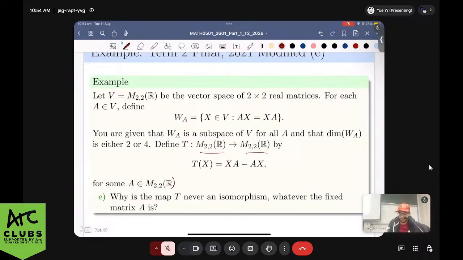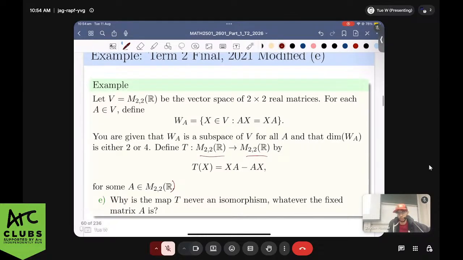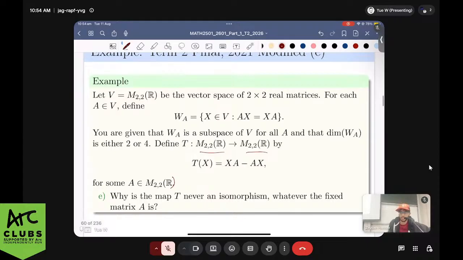So, we could try to show it's not linear, but it might be easier to show it's not invertible. So we could show it's not injective. Invertible means injective and surjective. One way to show it's not injective is to show that the kernel is not trivial. So there's some X such that T of X is the zero matrix, but X is not the zero matrix. That will prove it's not invertible.